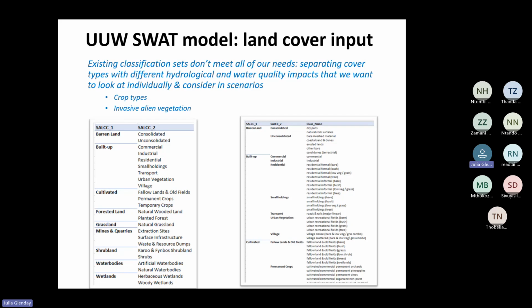Because the focus in my original brief was water quality, I didn't put a lot of effort into finding invasive area maps beyond the national land cover, which, as I said, does cover actual commercial pine and eucalyptus plantations, but not invasive spread. So if that's something we do want to include in this modeling, we'd need to look at where to get the delineation of that. The other thing is crop types.